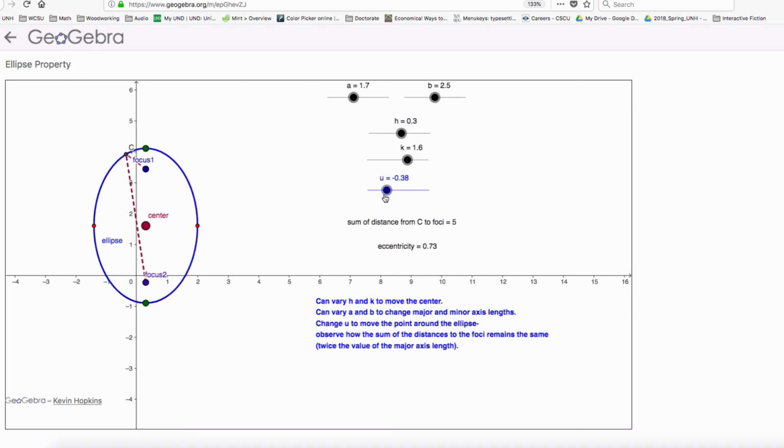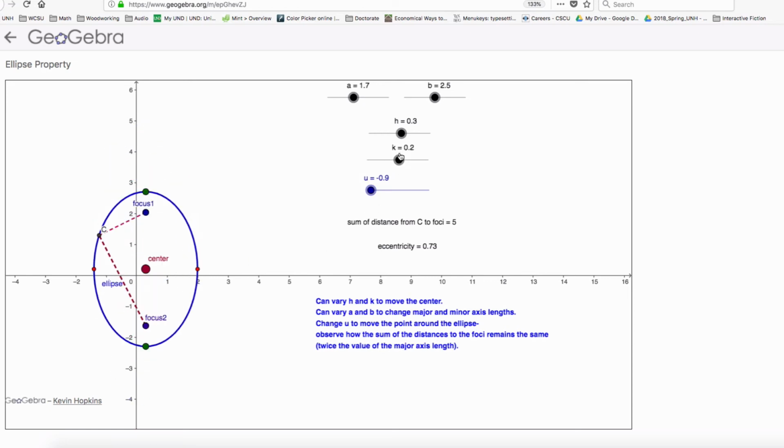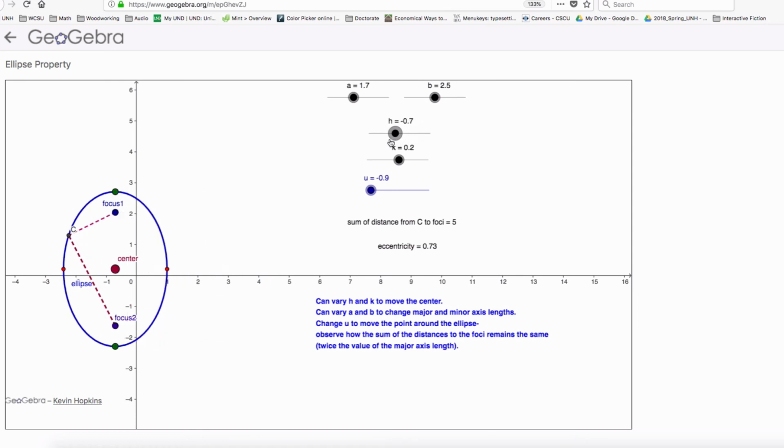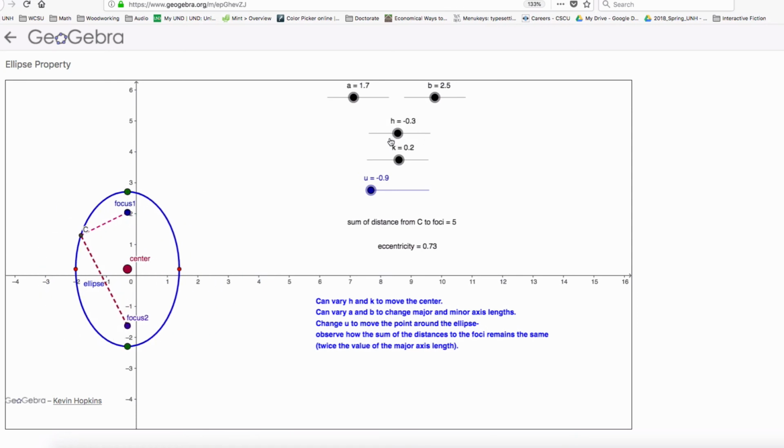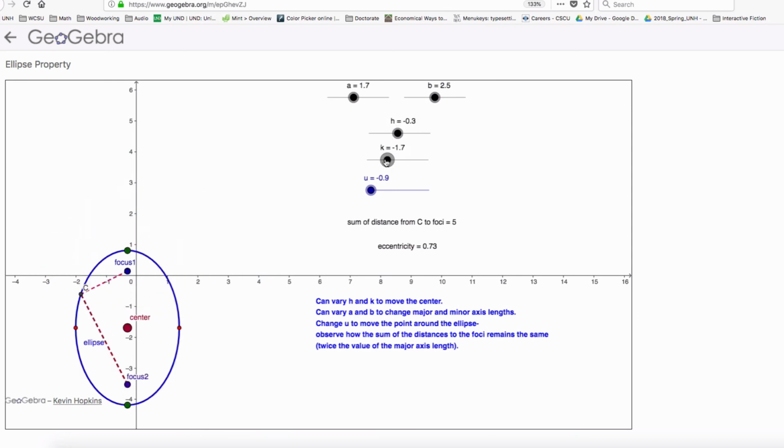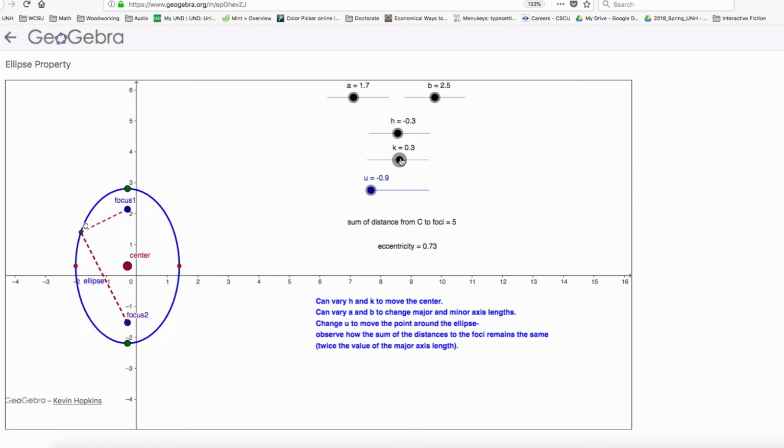So now when A becomes less than B, I shift to a vertical ellipse. My K is still a vertical shift. My H is still a horizontal shift because remember, H is being applied to X before we do anything else. K is being applied to Y before we do anything else.